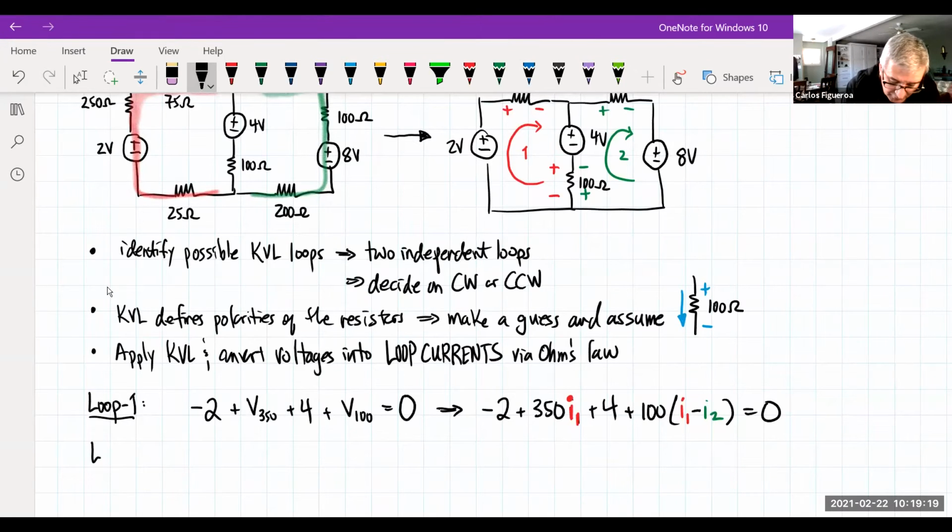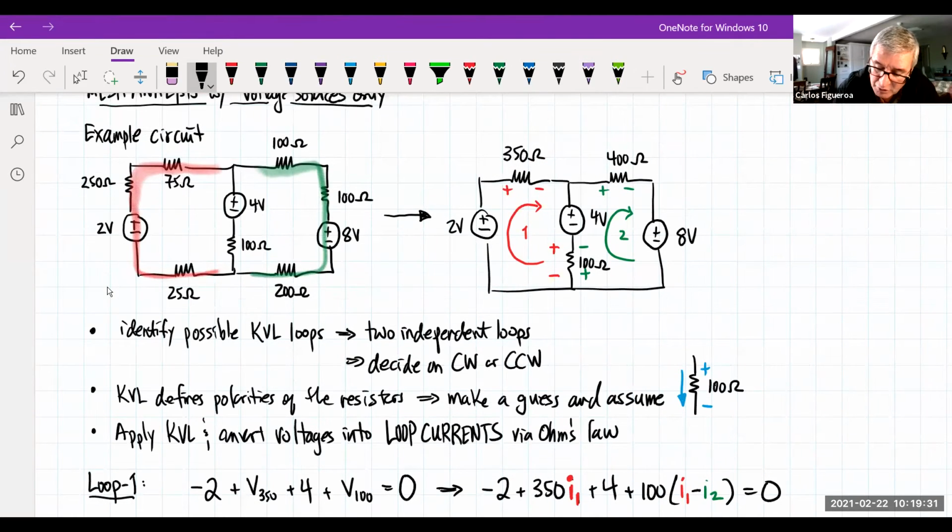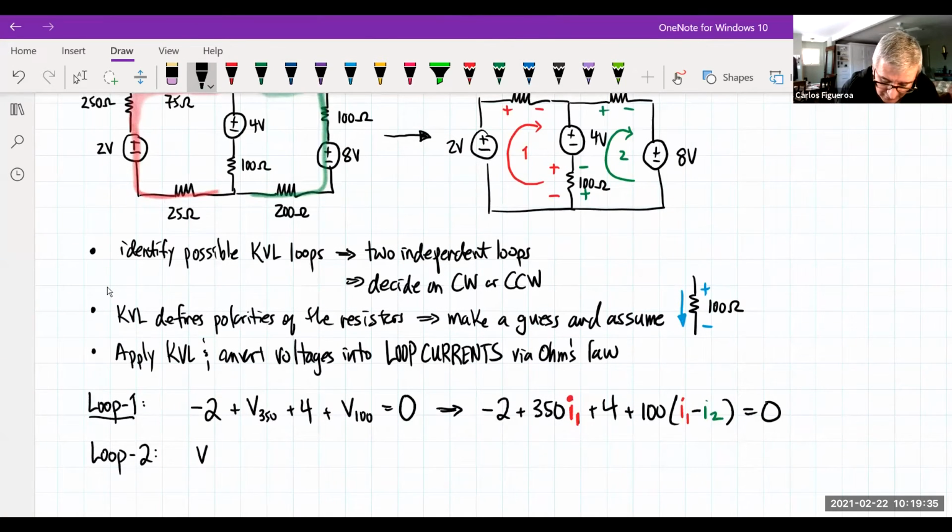Let's go look at loop 2. And I'm going to play the exact same role here. So in this case, let's say I start off at the top at the 400 ohm resistor. So you can see that at the 400 ohm resistor, I'm going to get V400. I'm going to come down. I hit the plus for the 8 volts. I come around.